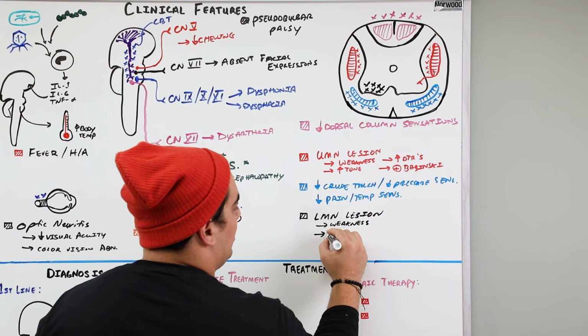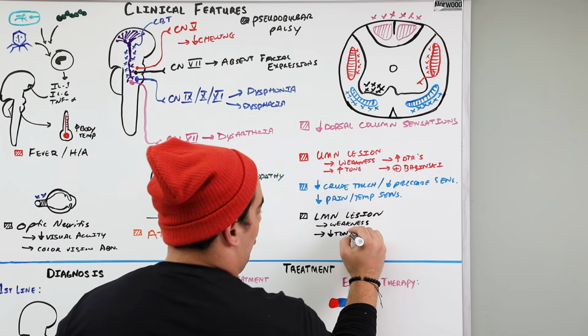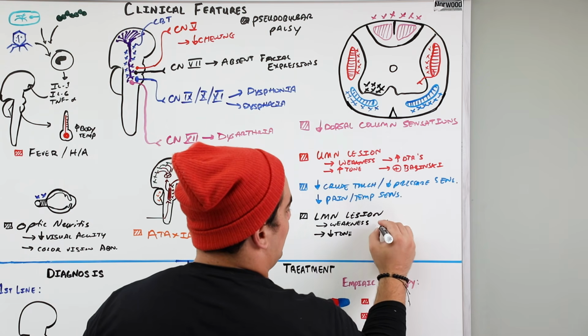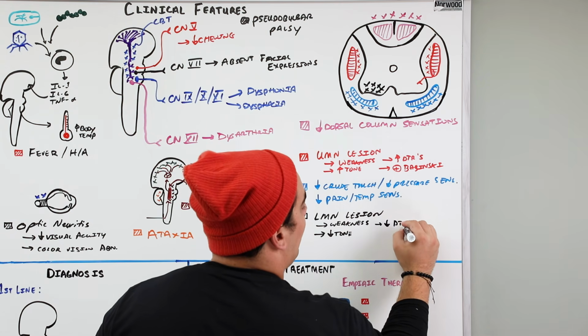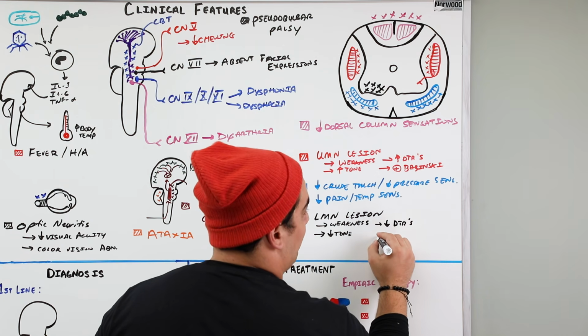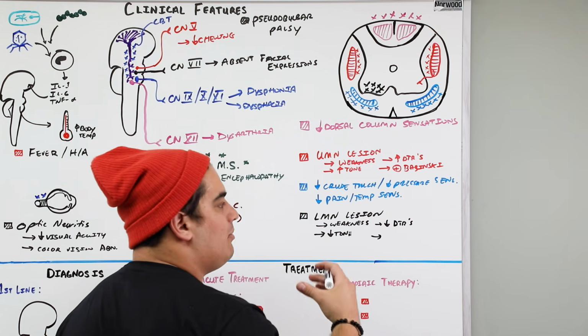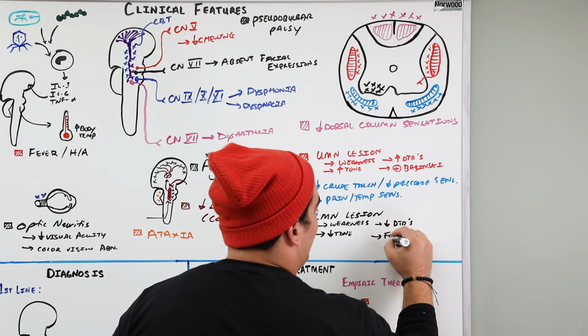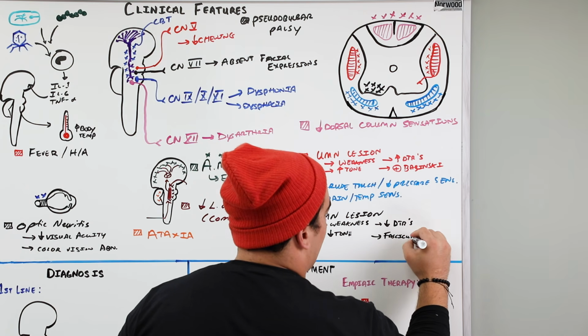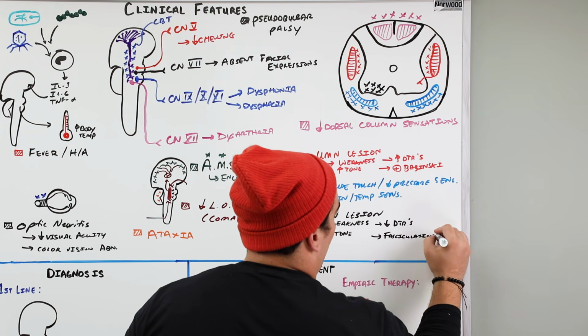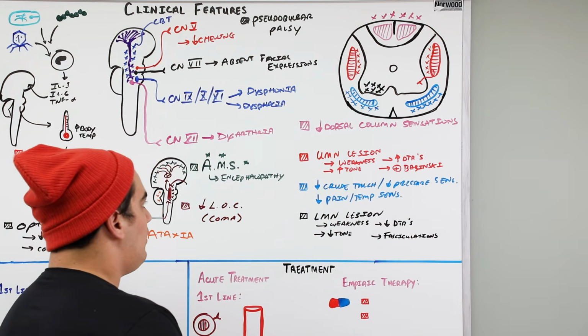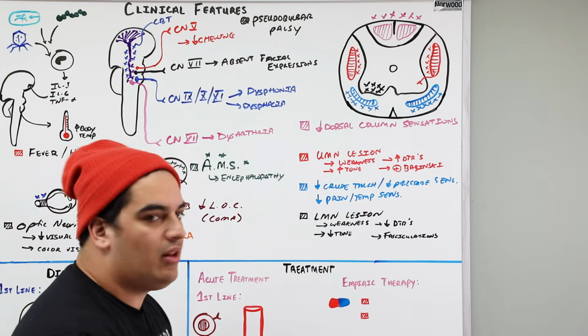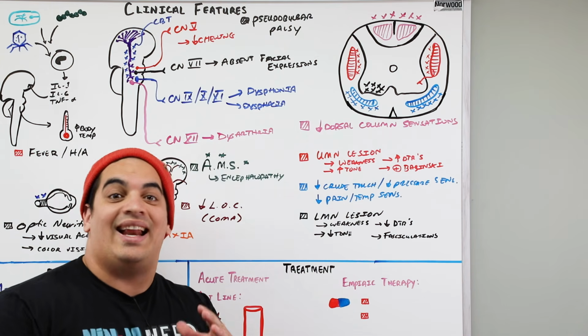So the tone is really decreased, hypotonia. The reflexes are decreased. They have hypoactive reflexes or hyporeflexia. They don't have a positive pathological reflex. They actually have these like little weird twitching of the muscle, and these are called fasciculations. Okay, so these tend to be the big clinical features that you see in ADEM.